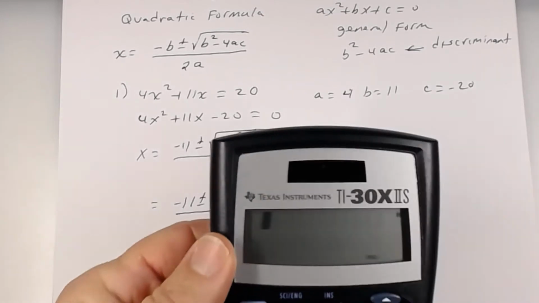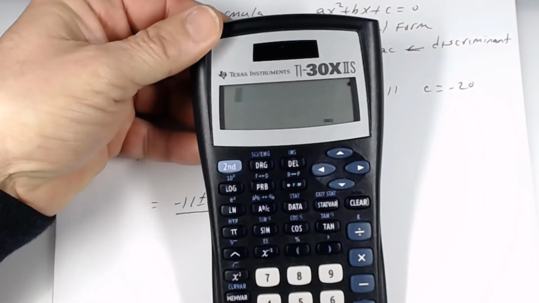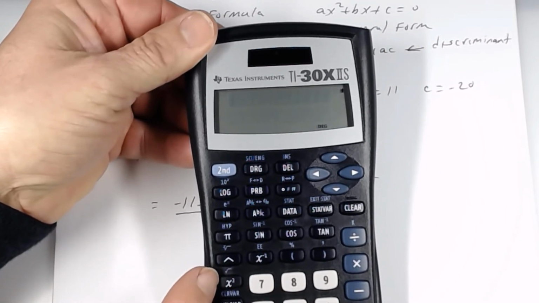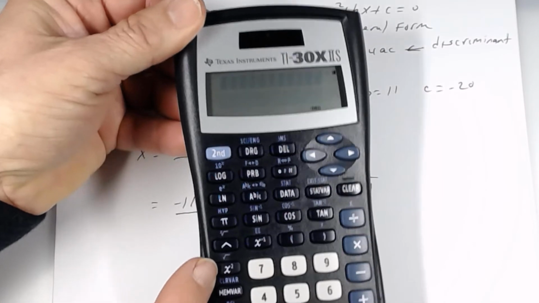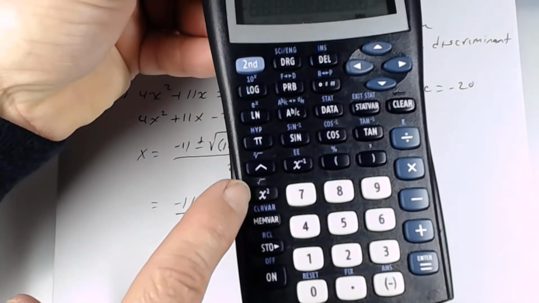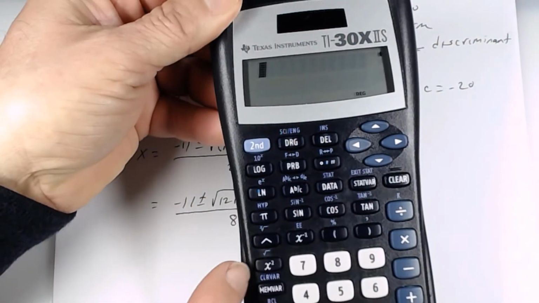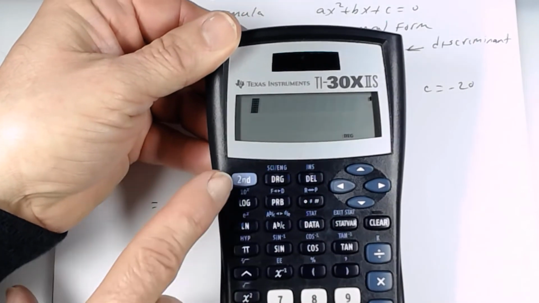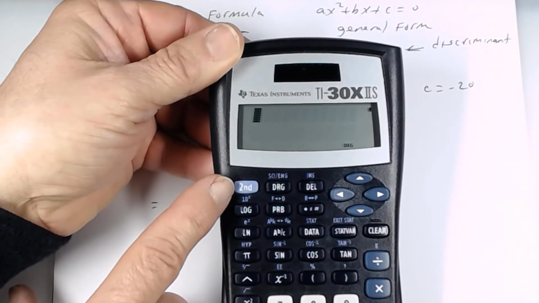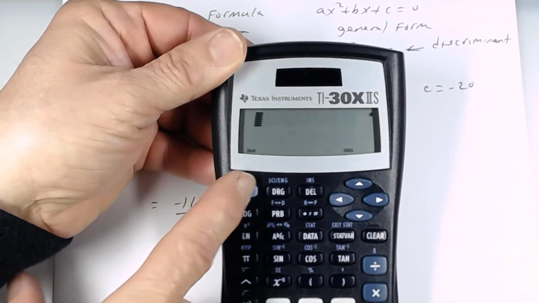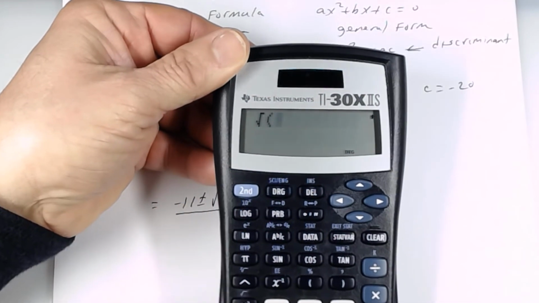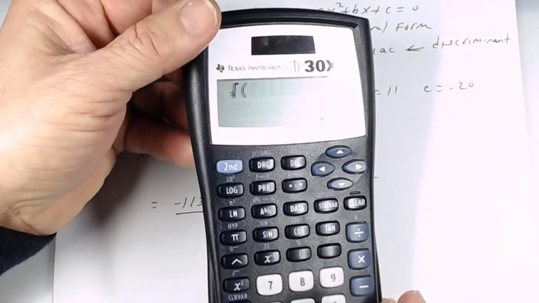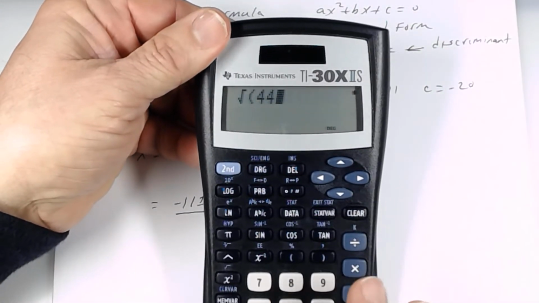So on this calculator, the one I'm using, to get the square root, you see right above the x squared is, I guess in blue, the square root symbol. You can't see it, but on yours, check yours. To get to it, though, I got to press what button? Second. So I say second, square root. See how what shows up here? Yeah. Okay. And then I type in 441.